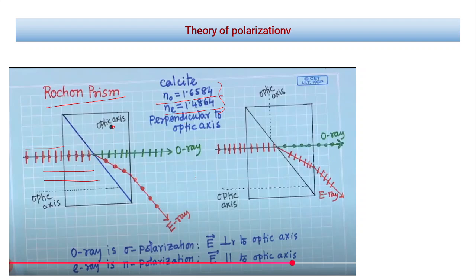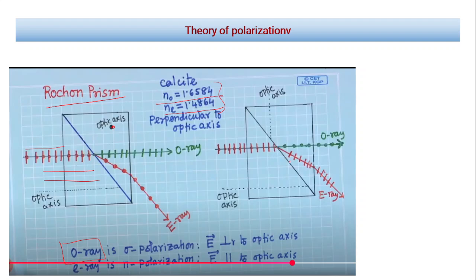From this we can also see that we can call a ray the O ray when it's sigma polarized, that is, its electric field vector is perpendicular to the optics axis, and the E ray is the ray which is pi polarized, that is, its electric field is parallel to the optic axis. This is another kind of arrangement for the same Rochon prism: the incident light is coming and the optics axis is parallel to the incident light, so no splitting is happening up till here.